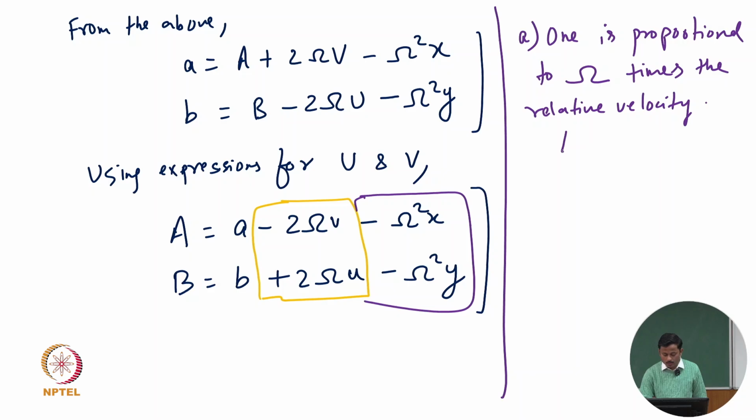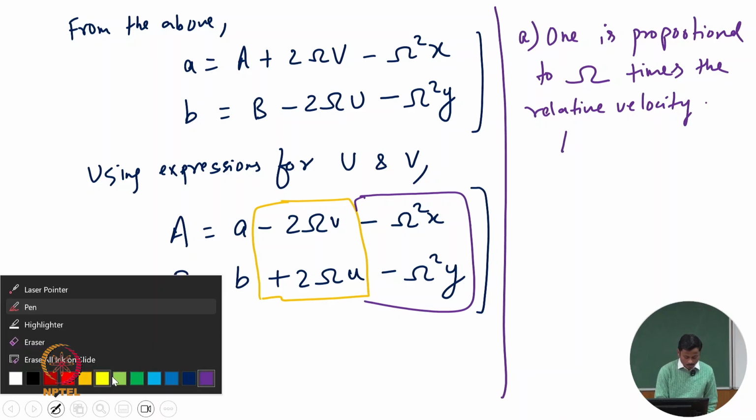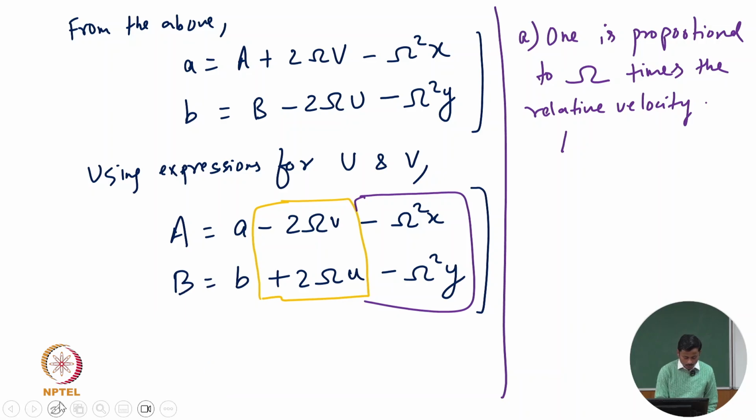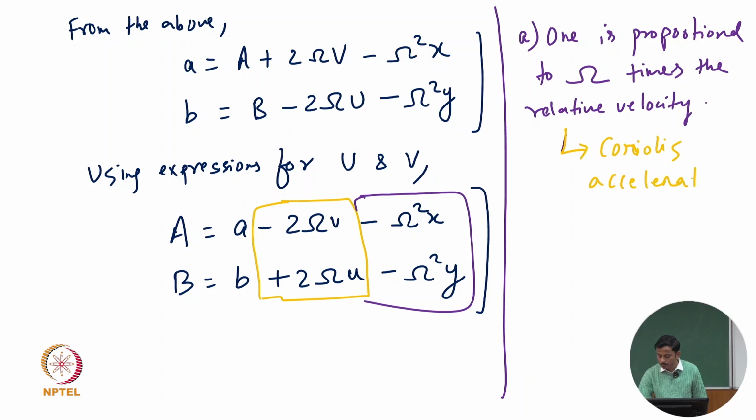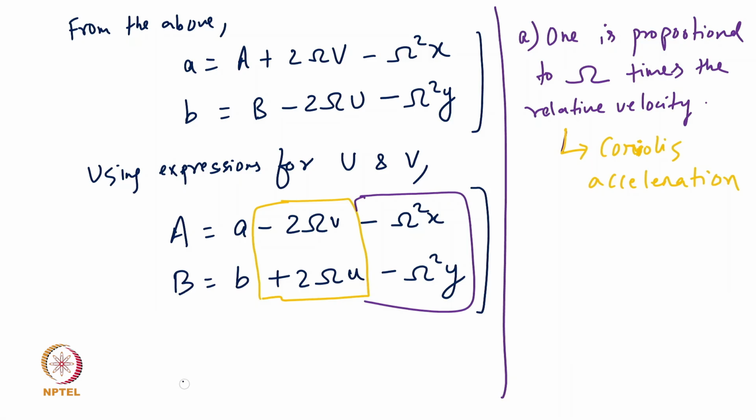This will keep coming back to us and is very important for us to remember, and this is called the Coriolis acceleration. We'll go deeper into the Coriolis acceleration in the next few lectures.